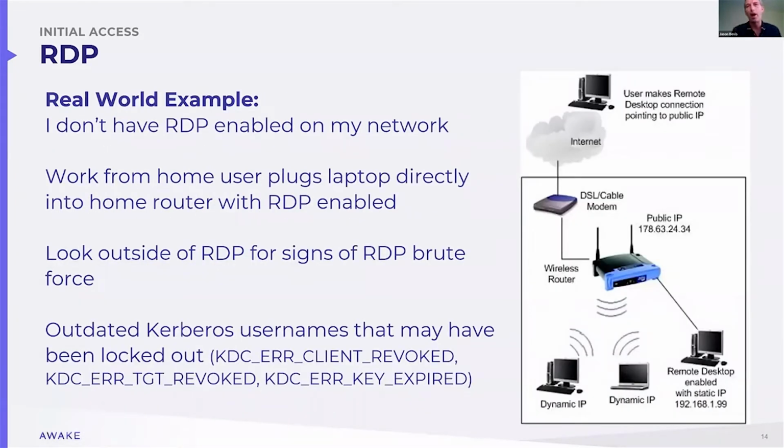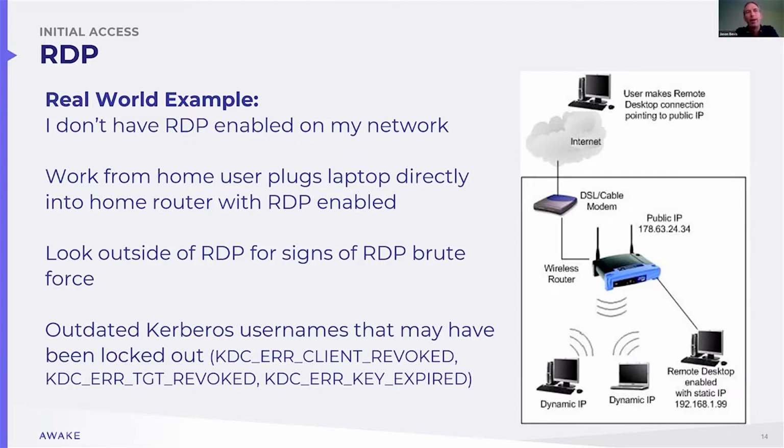One of the offset items: we have everybody looking for RDP, but there are also things outside of RDP that can tell you RDP has gone through, or is happening in the environment. We had an example recently where the group swore they didn't have RDP enabled on their network. I've actually had a couple of these. Sometimes it's a third party who didn't configure the external firewall or router correctly.